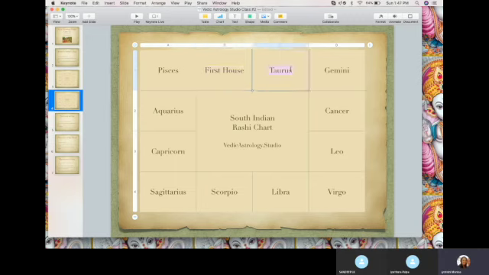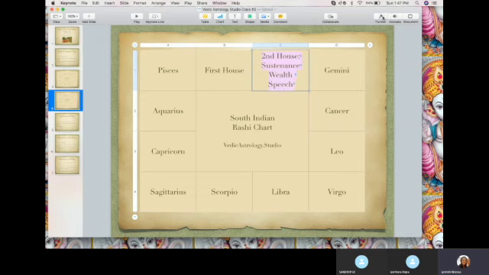So second house has to do with sustenance, with wealth, with speech. Okay, so the second house has to do with our income, and that's our day-to-day income.